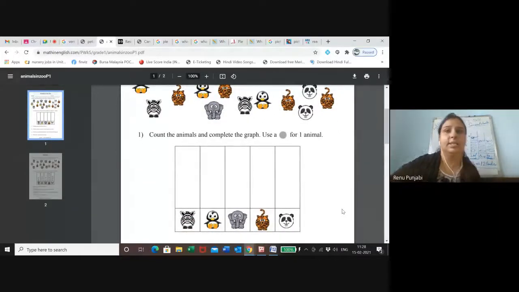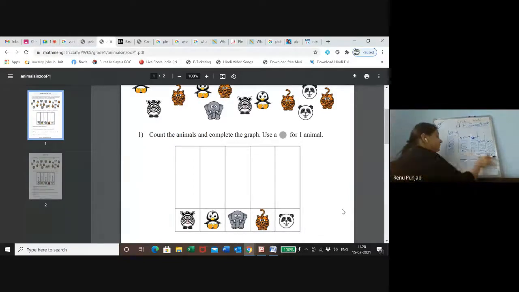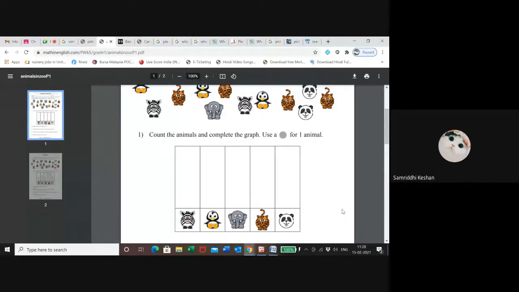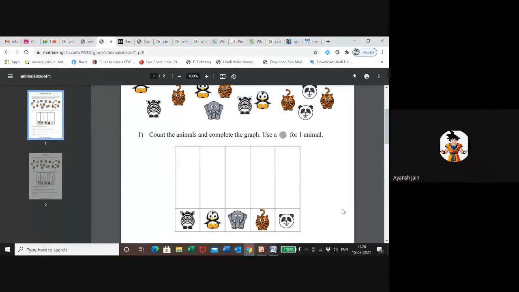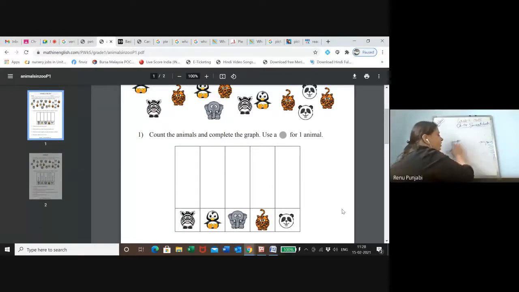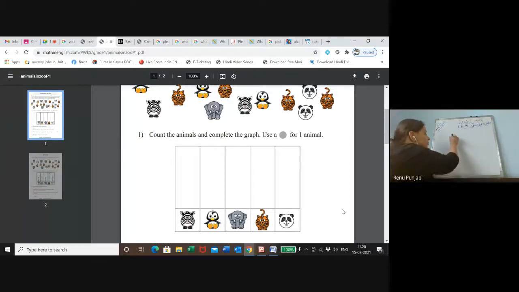Pin on my board screen because I am going to draw it on my board. I will draw this on my board. So this, 1, 2, 3, 4, 5 lines are there.